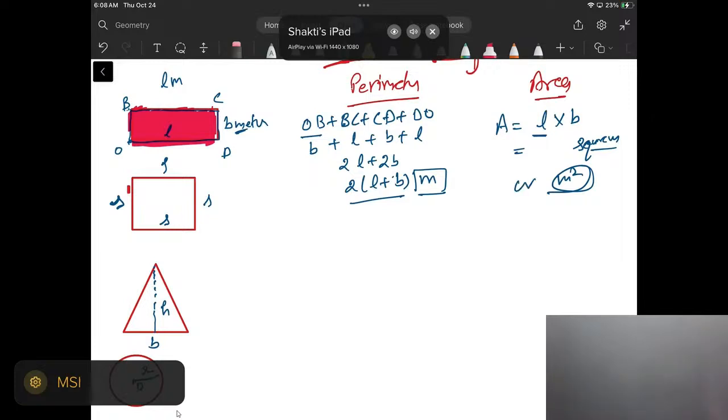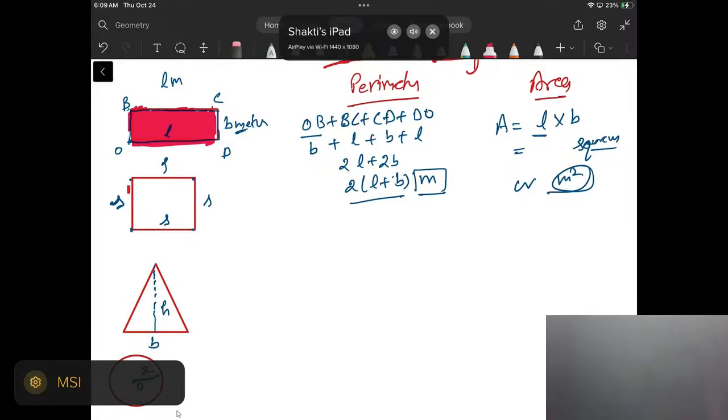So now we will move to another part, the perimeter of a square. Same way, if we compute the perimeter, we'll start running from this point, reach this point, then come to this point, then again come back to this point. What would be the perimeter of this square?